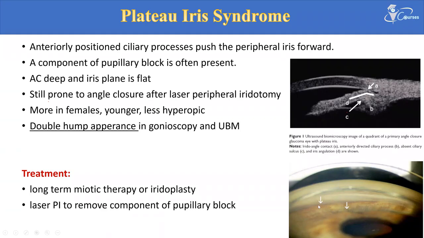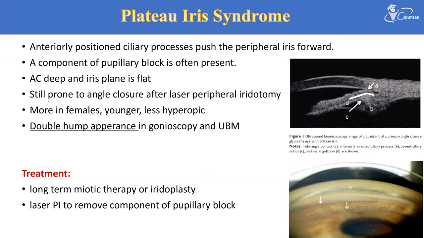And there is another hump at the angle. What is this hump? This is simply the iris which is pushed by the ciliary body, causing occlusion of the trabecular meshwork. So this is very important and asked before. This slide appeared before in the exams: the double hump appearance in gonioscopy and UBM.